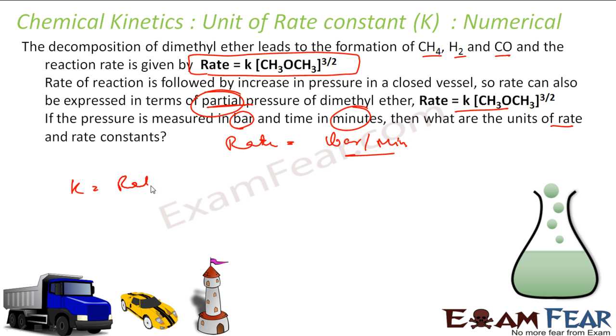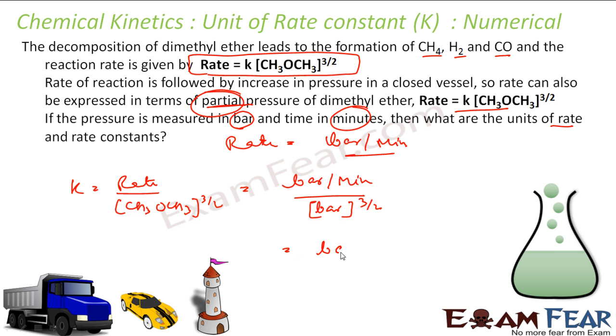The next is unit of K. So K is nothing but, if you see, rate by CH3OCH3 to the power 3 by 2. What is the unit of rate? We have seen it is nothing but bar per minute. What is the unit of CH3OCH3 concentration? That is nothing but bar, and this is to the power 3 by 2.